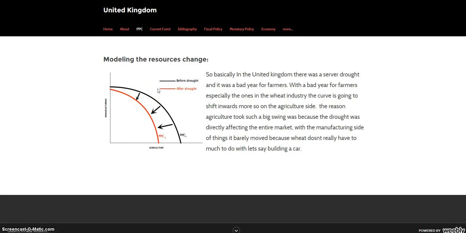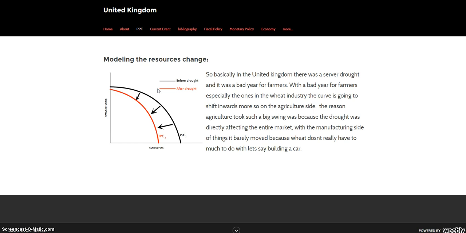The first place we're gonna go is the PPC tab. In here is my PPC graph, and it explains my current event as well. So I'm just gonna knock both of them out at the same time. My current event was a drought. The drought hit the United Kingdom so hard for so long that they had to start importing food from different countries.